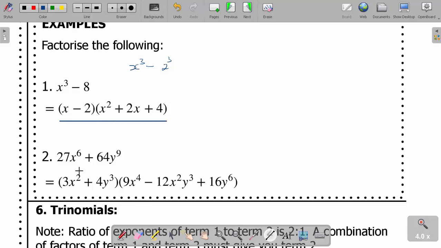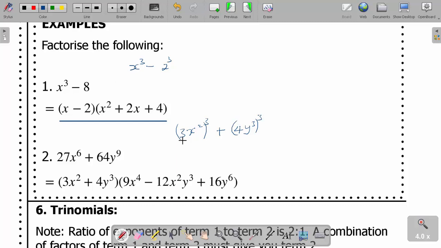Then it could be a sum of two cubes. In this case, this is 27x power 6 plus 64y power 9. Now if you check here, I can write this properly as a sum of two cubes by writing 3x squared, and then to the power 3, and then plus 4y cubed, again to the power 3.